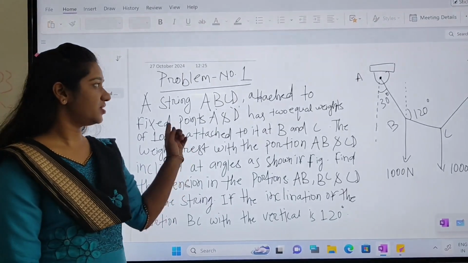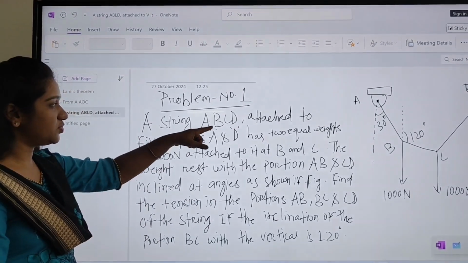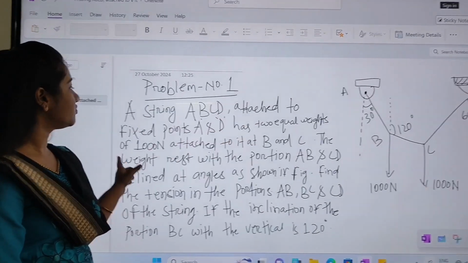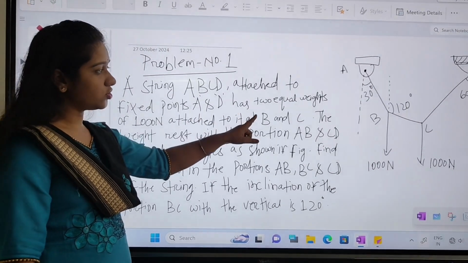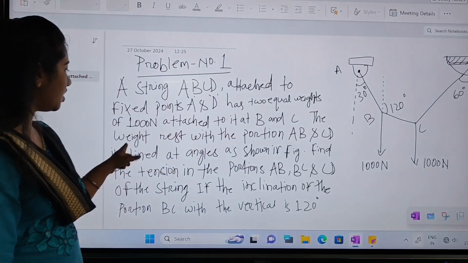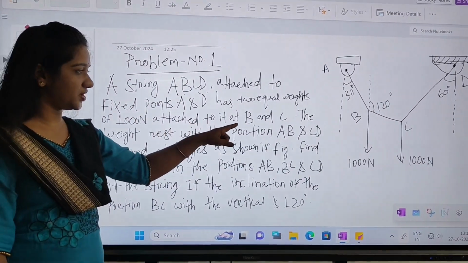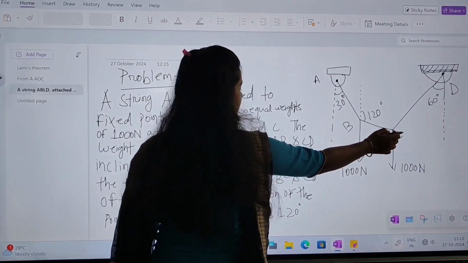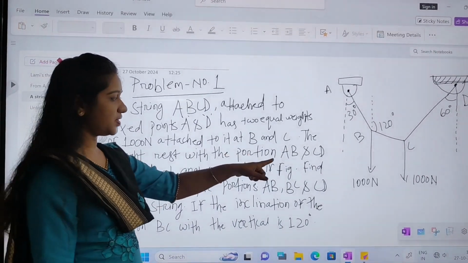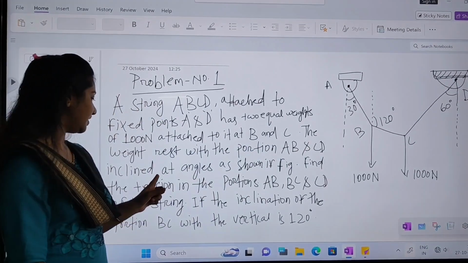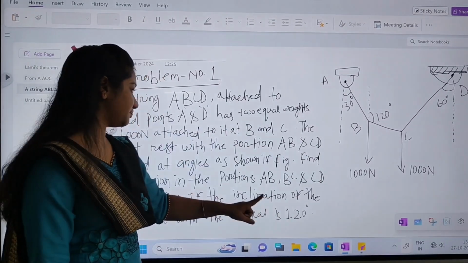Let's solve the problem on Lami's theorem. Problem: a string ABCD attached to fixed points A and D has two equal weights of 1000 newtons attached to it at B and C. The weights rest with the portions AB and CD inclined at angles as shown in this figure.